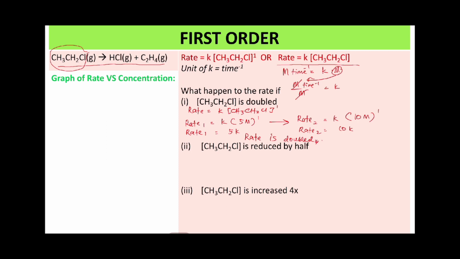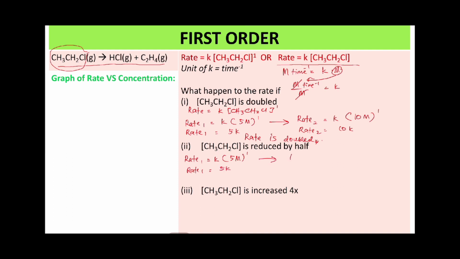Next question. What happens if the concentration of the reactant is reduced by half? We write rate 1 is equal to k, and let's take 5 molar again, to the power of 1. So rate 1 is equal to 5k.